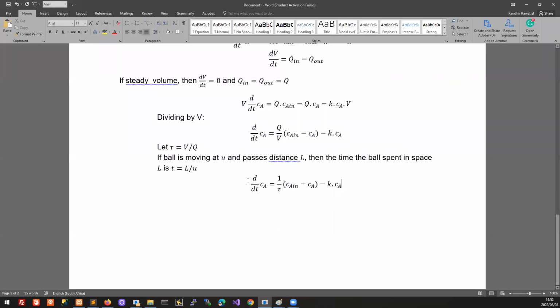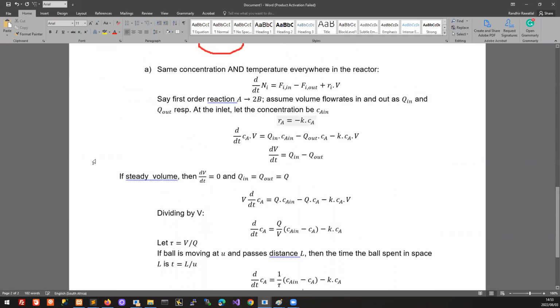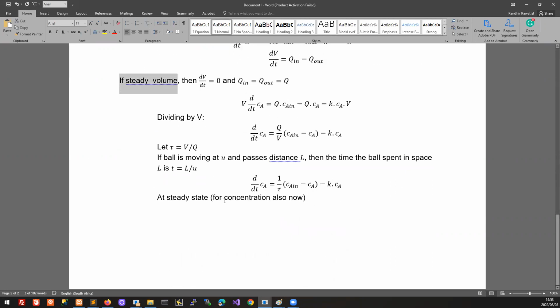So if we reach steady state, we can forget about the term on the left-hand side, leaving just the right-hand side. At steady state for concentration also, because before we had steady state for volume, we have this equation.